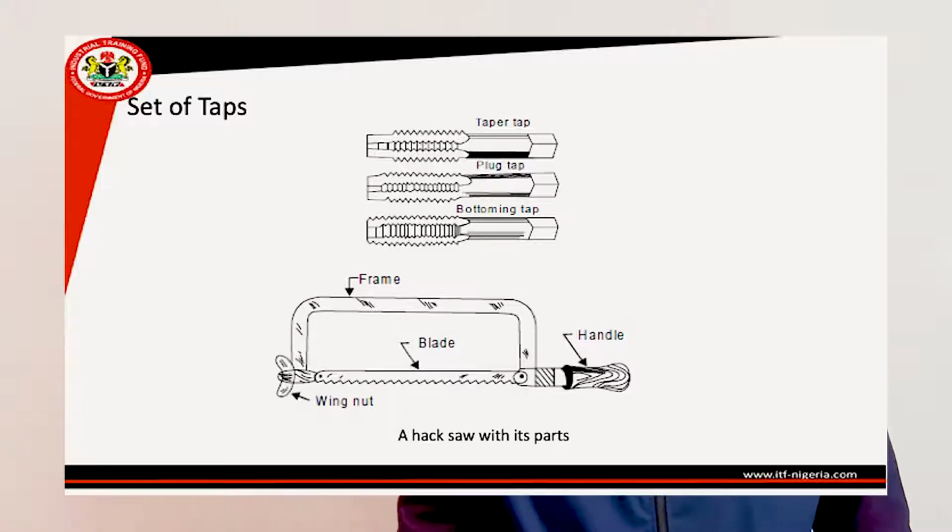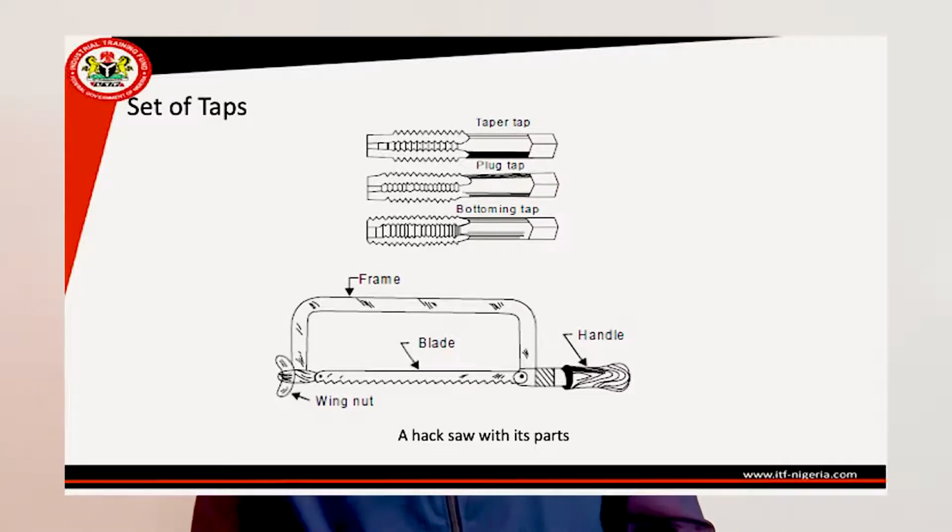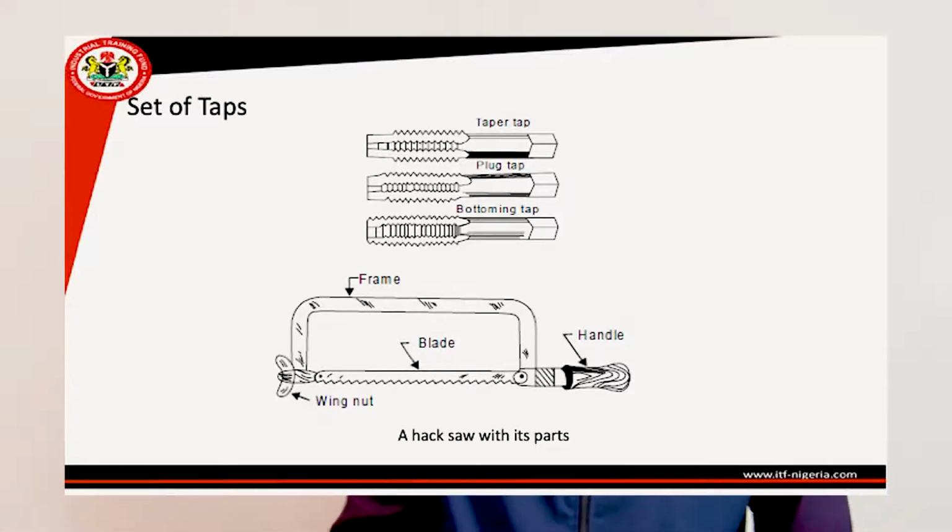Another cutting tool that is of importance is the hacksaw. The hacksaw is very common and very versatile in the workshop. We use a hacksaw to cut different materials, ranging from metal to plastic to wood, and it is very easy to use.